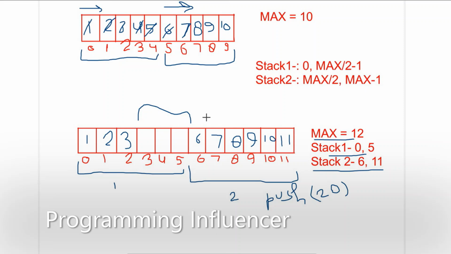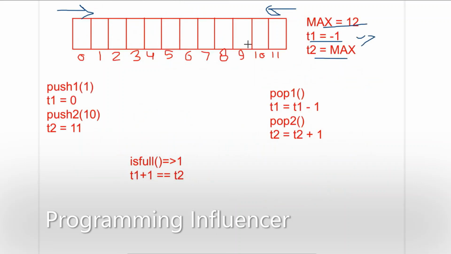In the case where stack 1 and stack 2 have different sizes, say stack 1 has 5 elements and stack 2 has only 2 elements, and we have to push another 2 elements into stack 1, we can do this using this approach.